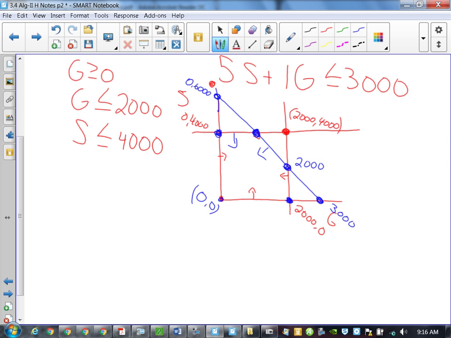I subtracted 2,000 over. So half of, what's 3,000 minus 2,000? 1,000. Half of what is 1,000? 2,000. Sorry, I accidentally said 2,000 twice. So there's that ordered pair. Put 4,000 in for S. What's half of 4,000? 2,000. 2,000 plus what is 3,000? 1,000.